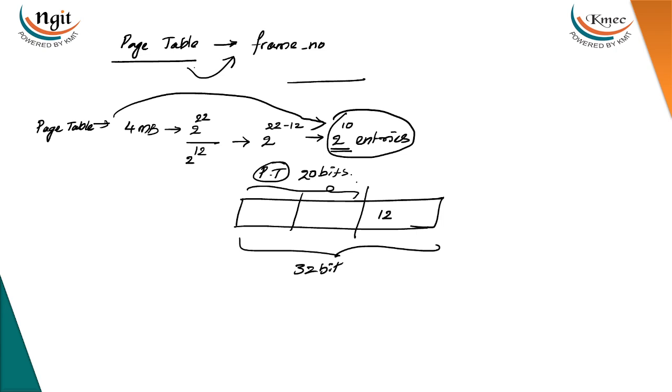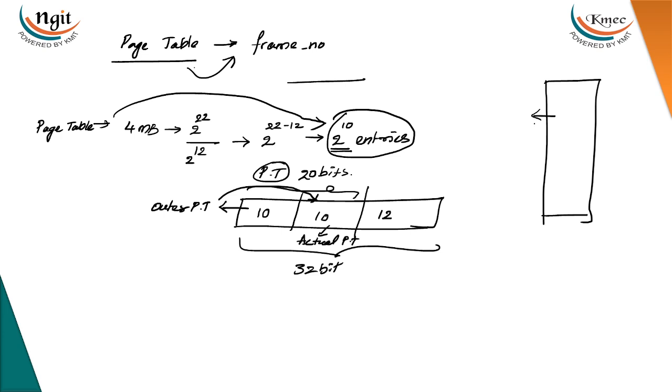So these 20 bits will be split into 10 and 10. So this will represent the outer page table that points to the inner page table, the actual page table. That means we are splitting the page table into one more page table.